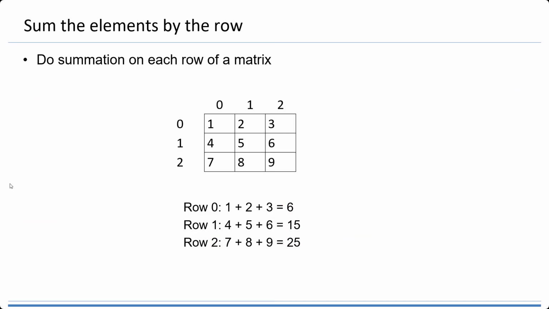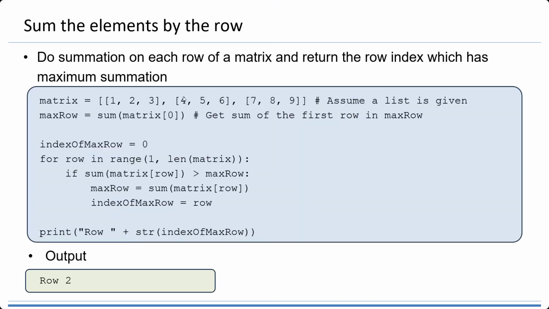Okay. Now we are going to make that code. We have the matrix: 1, 2, 3, 4, 5, 6, 7, 8, 9. Then I'm making the row summation. For the maximum row, I want to make the first row the initial value.